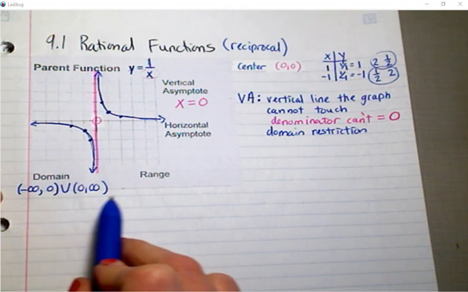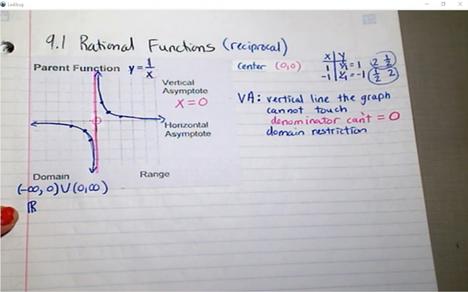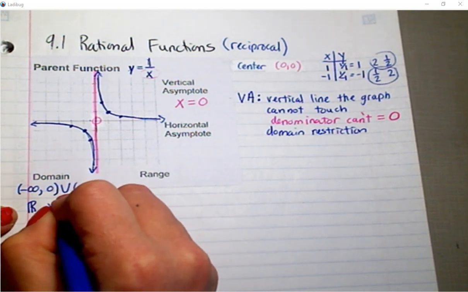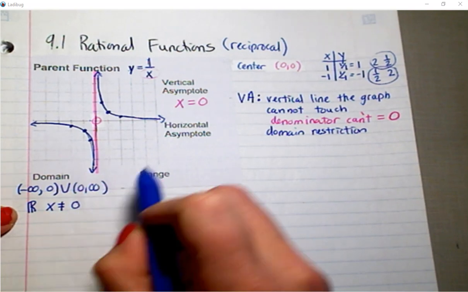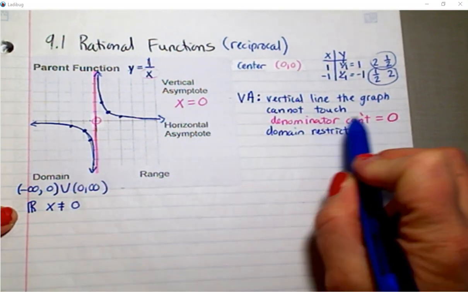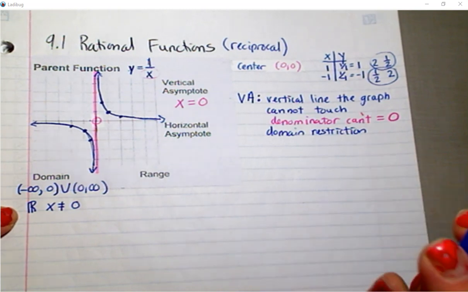Now, that's the interval notation. An alternative is to say all real numbers, x cannot equal 0, because that's where the domain restriction comes in.